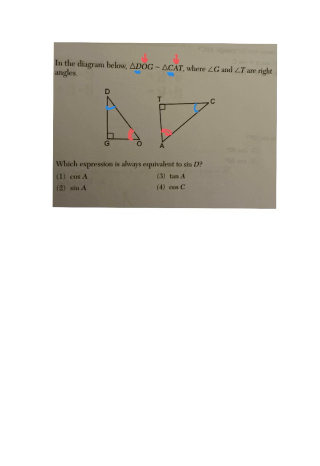Okay, now it says which one is equivalent to the sine of D. So the sine of D will equal, it's got to be a cosine, right? Because if I have a sine here, I have to have a cosine there. And then if I have a D here, then the other letter would have to be an O, right?